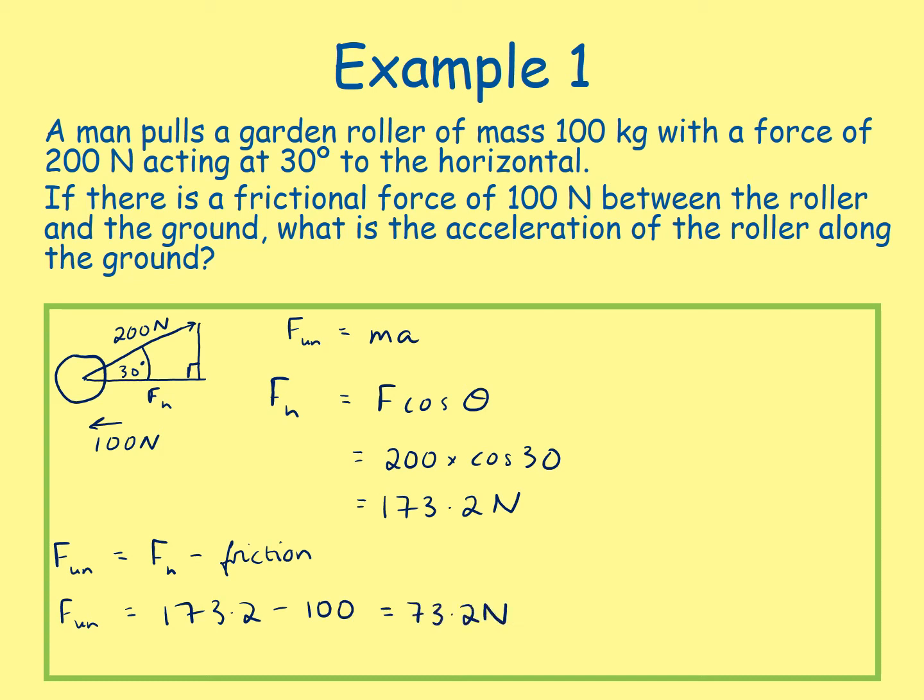Now we can move on to our final section, which is our unbalanced force is equal to mass times acceleration. So it's 73.2 equals our mass, looking at the question, is 100 kilograms, times by acceleration. Rearranging this, we get acceleration is 73.2 divided by 100, which is equal to 0.732 meters per second squared.